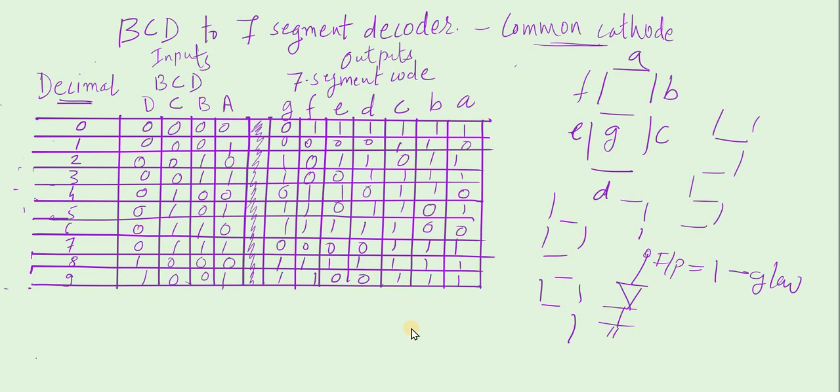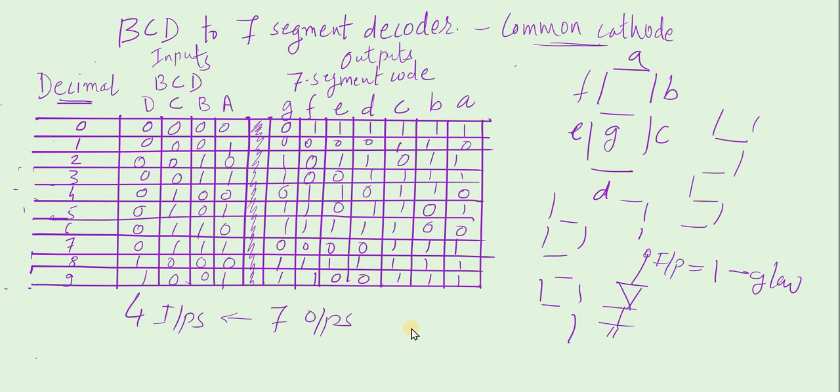So these are the outputs which are generated from these inputs. This circuit will have 4 inputs and 7 outputs, and every output will have a certain relationship with the input. A big circuit could be designed, and for that, a K-map or any other method can be used.